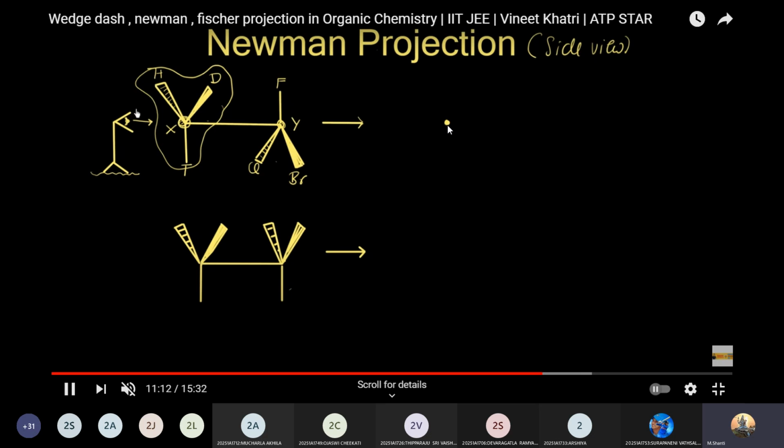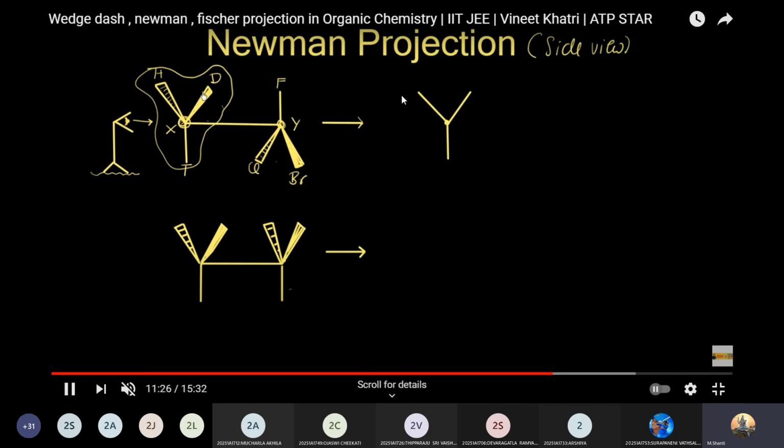First you have to show the front carbon as a dot. The front carbon always has to be represented as a dot, and the orientation of the groups, which are oriented in the Y direction, has to be retained.